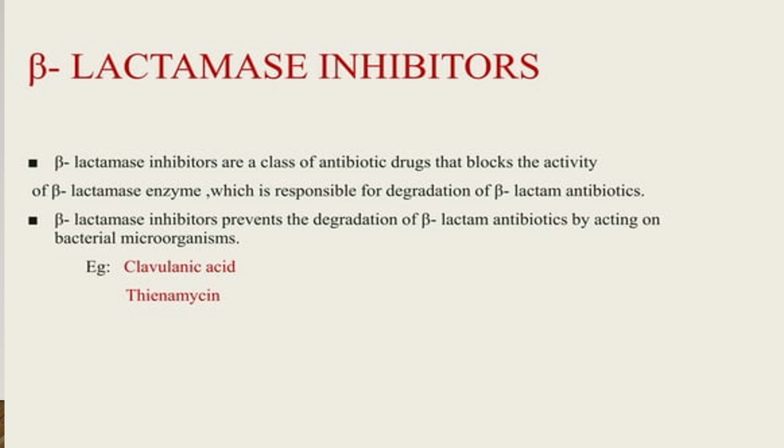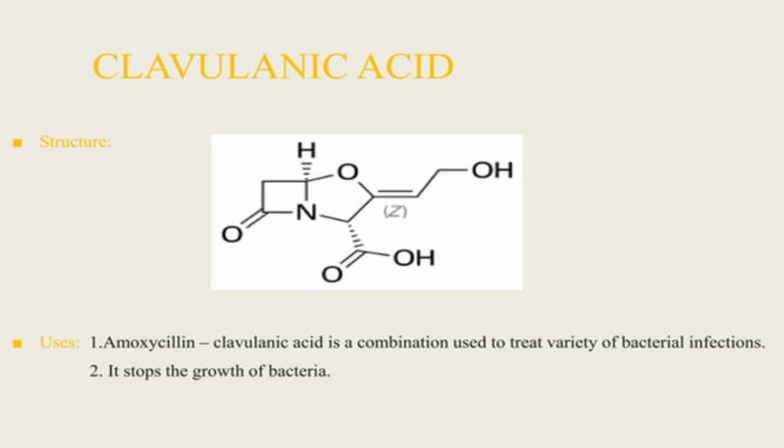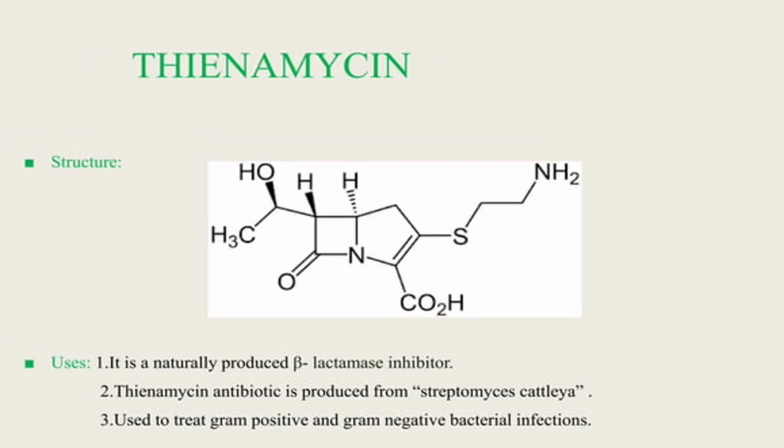Beta-lactamase inhibitors inhibit the degradation of beta-lactam antibiotics by acting on the bacterial microorganism, and the examples are clavulanic acid and thienamycin. So the first example of a beta-lactamase inhibitor is clavulanic acid. Amoxicillin with clavulanic acid is a combination used to treat a variety of bacterial infections, and it stops the growth of bacteria.